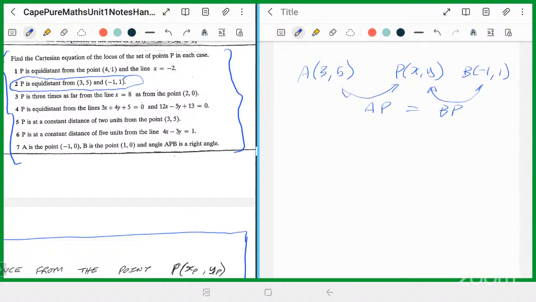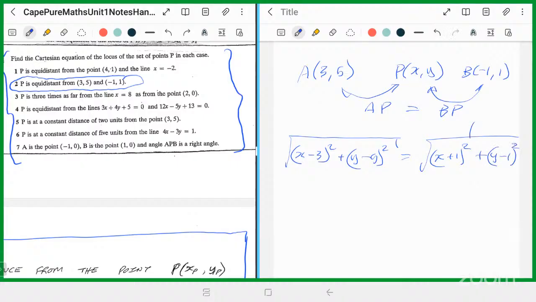That's what they have said. So all you have to do now is get an expression for the distance AP using the length of line formula, which is the square root of (x minus 3) squared plus (y minus 5) squared, equals, and then this distance now, the square root of (x minus a negative 1, which becomes x plus 1) squared plus (y minus 1) squared.